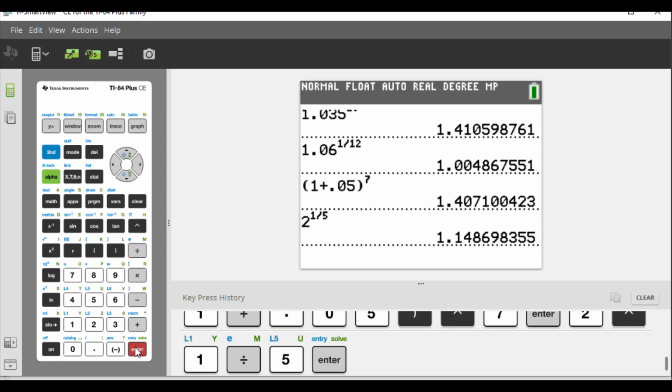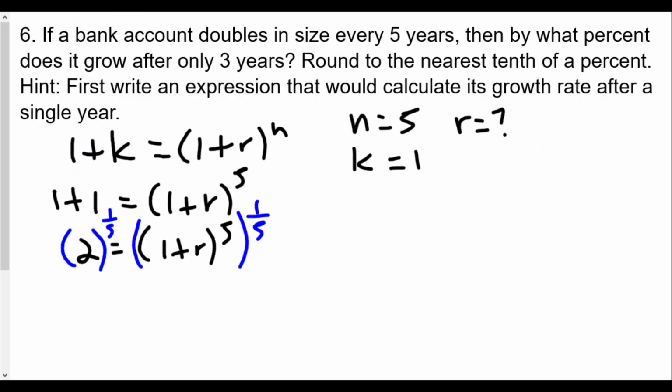And we're going to get, in this case, 1.148698355. Okay. So we go back here.